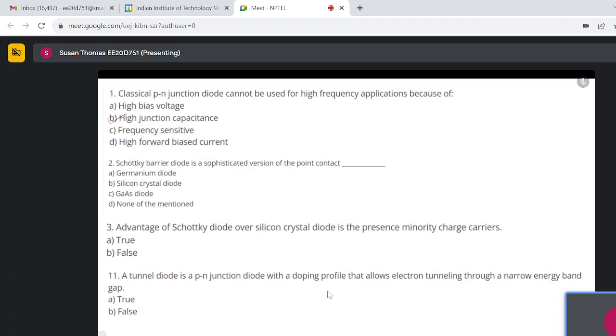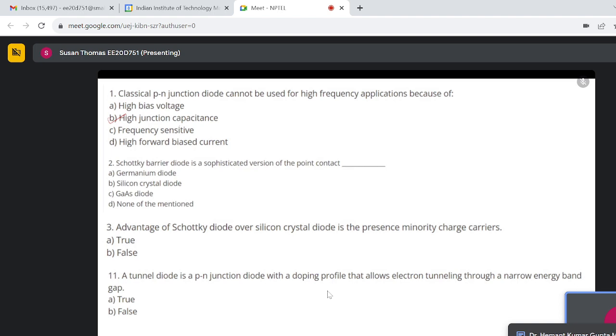Now, coming to the second question: the Schottky barrier diode is a sophisticated version of the point contact. Is it a germanium diode, a silicon crystal diode, a gallium arsenide diode, or none of the mentioned? There is a difference between the Schottky diode and a point contact diode.